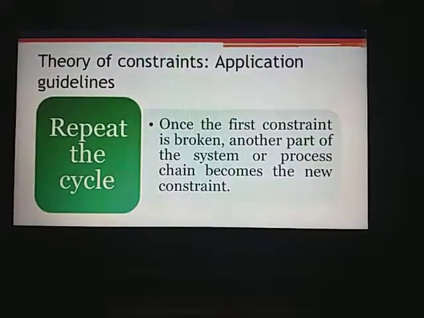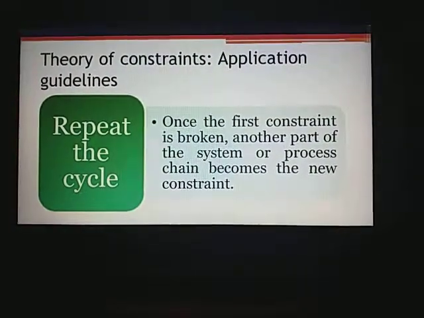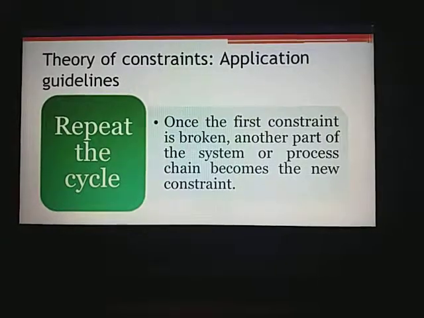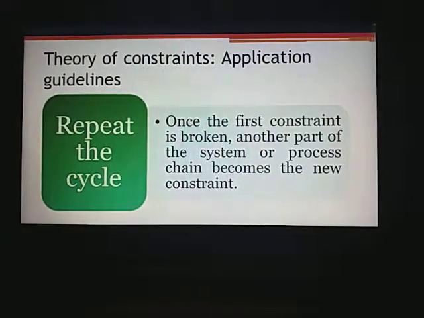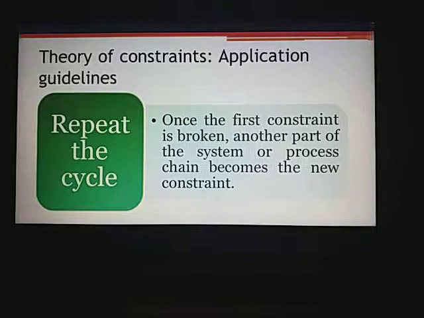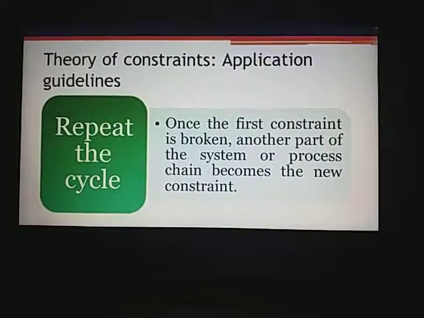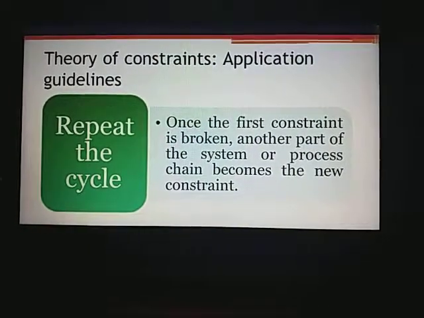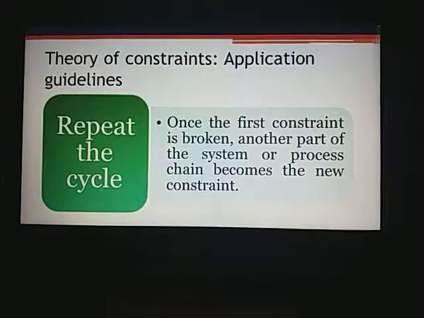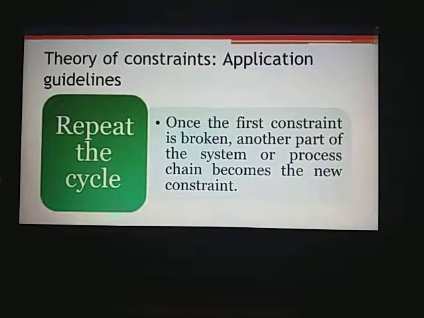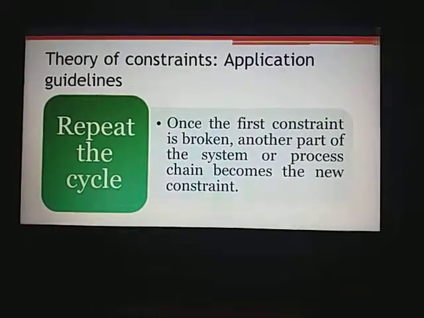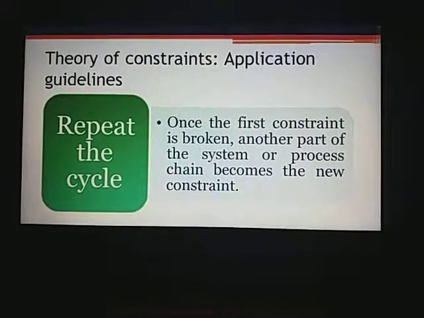Once the first constraint is broken, another part of the system or process chain becomes the new constraint. Now is the time to repeat the cycle of improvement. The performance of the entire system is re-evaluated by searching for the new constraint process, exploiting the process, subordinating, and elevating.